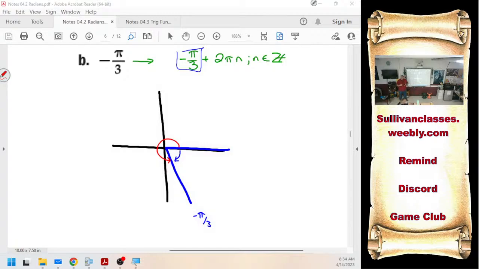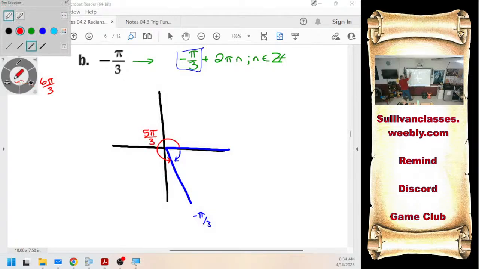So what is 2 pi minus a third of a pi? Right? Because 2 pi is 6 pi over 3. So if I have 6 pi over 3 and a pi over 3 is already there, there's 5 left. So this is 5 pi over 3.